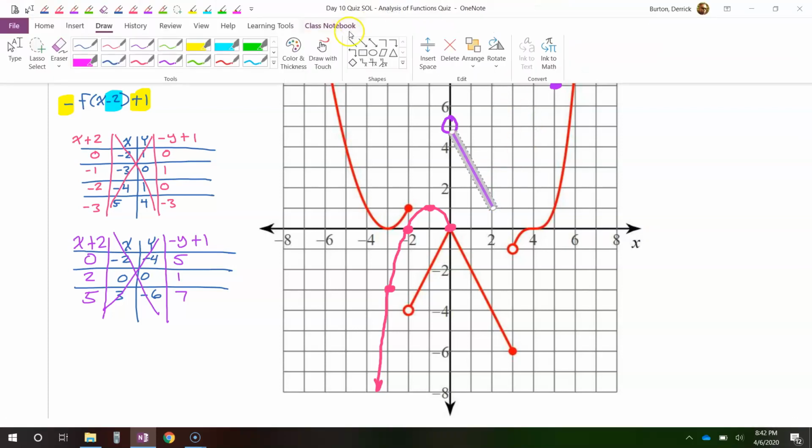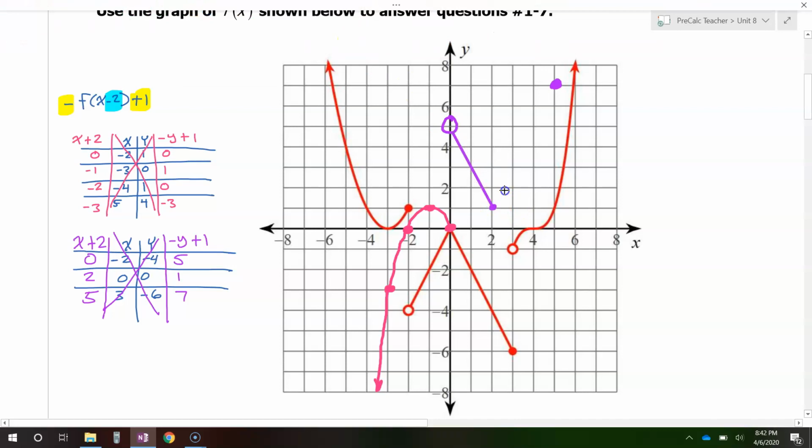Okay, I guess I have to do it again. All right, so there you go. This purple is what happened to the absolute value portion, this V.